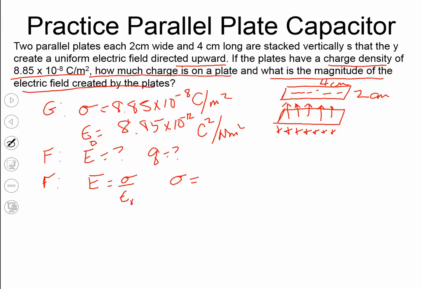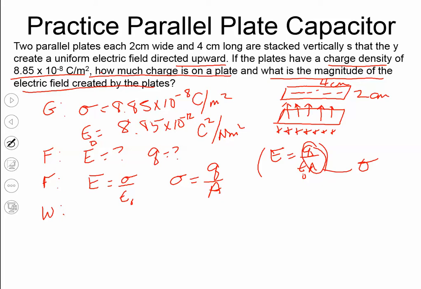Recall that the formula was Q over epsilon naught A. So sigma, if you recall, our charge density was the Q over a piece of that. Okay, so you saw this formula in your notes earlier. E equals Q over epsilon naught A. And this piece was the piece that made up the charge density, just to bring us back there.